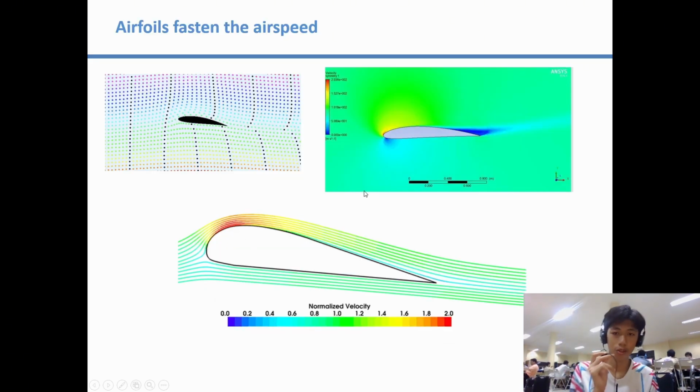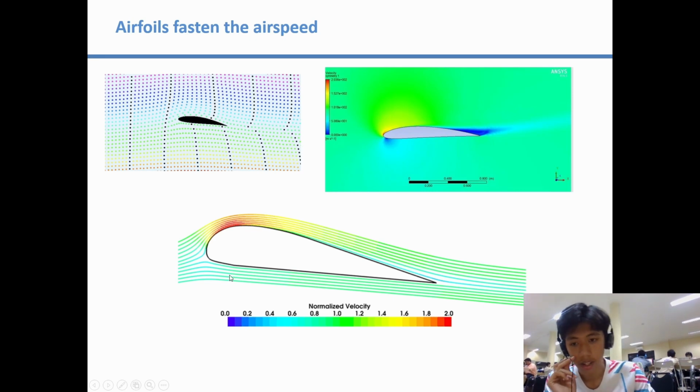We need to look precisely at this. The red ones are really high speed air moving here. Let's say you are moving at 100 miles an hour, this part will experience maybe 130 miles an hour.